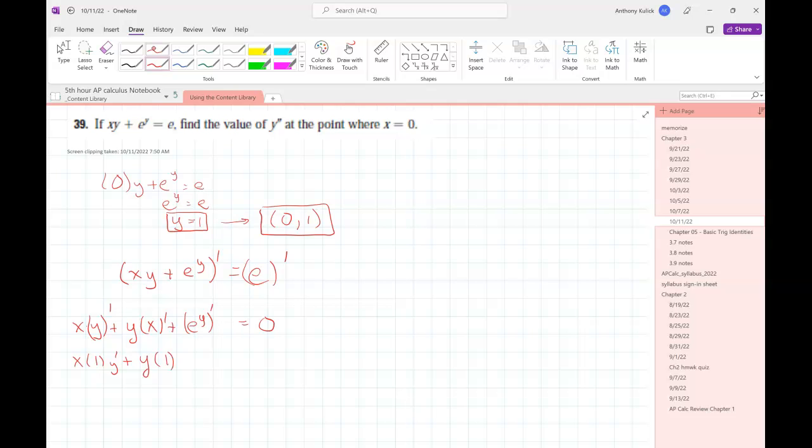Since we're differentiating with respect to x, that doesn't create a differential piece. And then to take the derivative of e to the y, that's kind of like a chain rule. So the derivative of the outside is just e to the y, and the derivative of the inside is 1 times y prime.